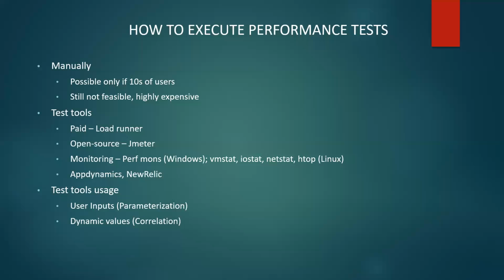Now the servers where your application is hosted could be Windows, Linux or Unix, right? There are many free tools available like perf in Windows. You can just open perf and start monitoring your CPU and memory. For Linux, you can use free commands, and also you can configure tools like AppDynamics and New Relic.